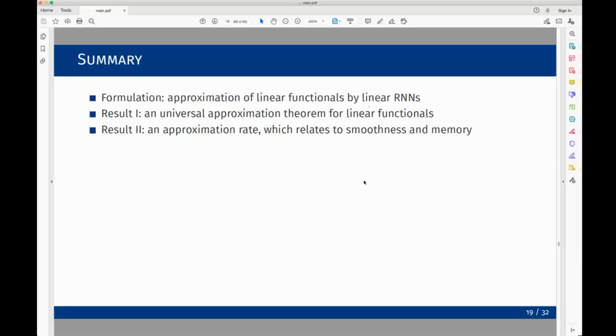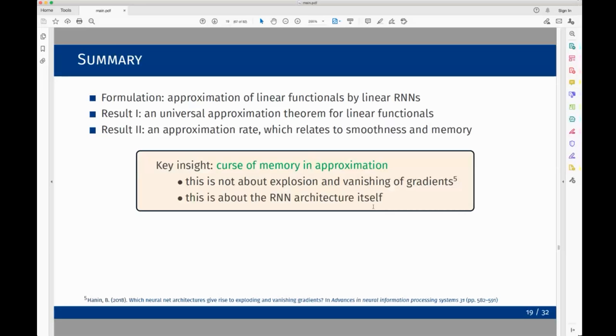Basically it can approximate all the functionals that have the same properties as the linear recurrent neural networks. And our second result is more interesting. It gives us an approximation rate which relates the smoothness and the memory to our approximation rate. And from this result, we can get a key insight, the so-called curse of memory in approximation.